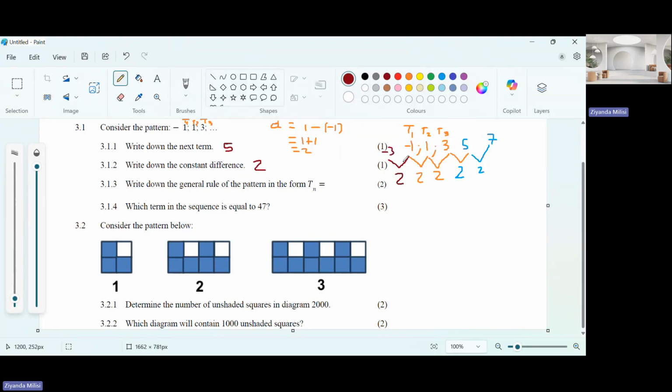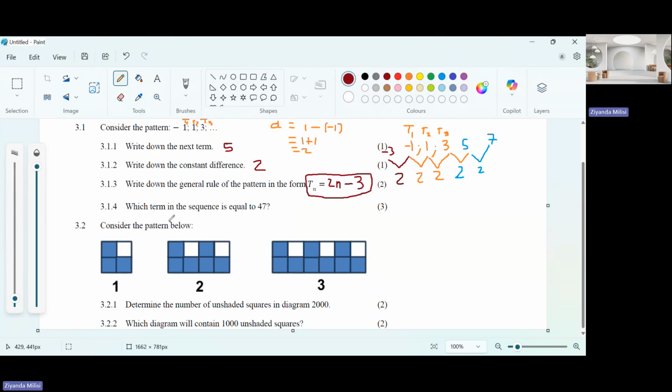So if I add 2 to -3, I'll get -1. We already know the constant difference. So our general rule in form of Tn: the constant difference is 2, so Tn is equal to 2n minus 3. So this is our general rule of Tn.